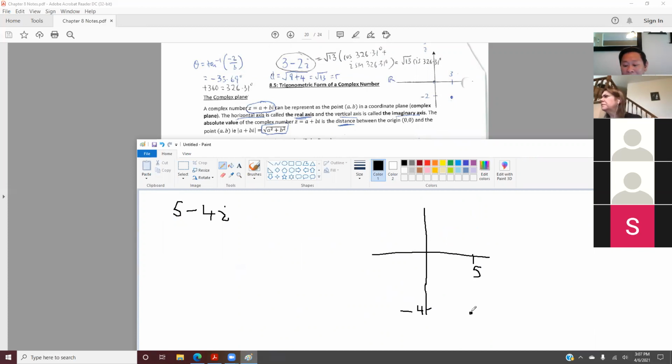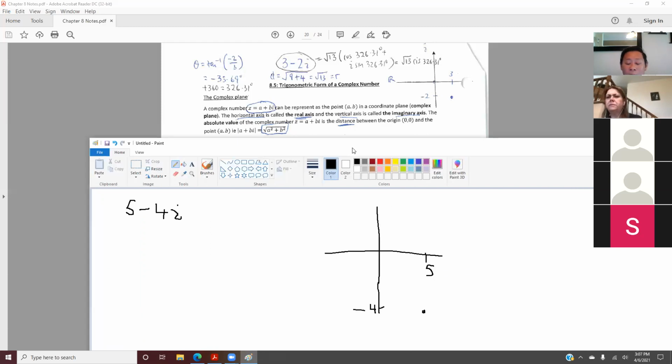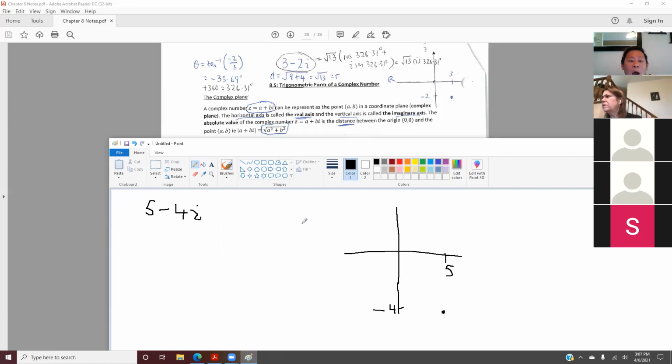So this is your 5 minus 4i. It is right over here. Why this is important is because of the quadrant. I will point out later on why this is important.